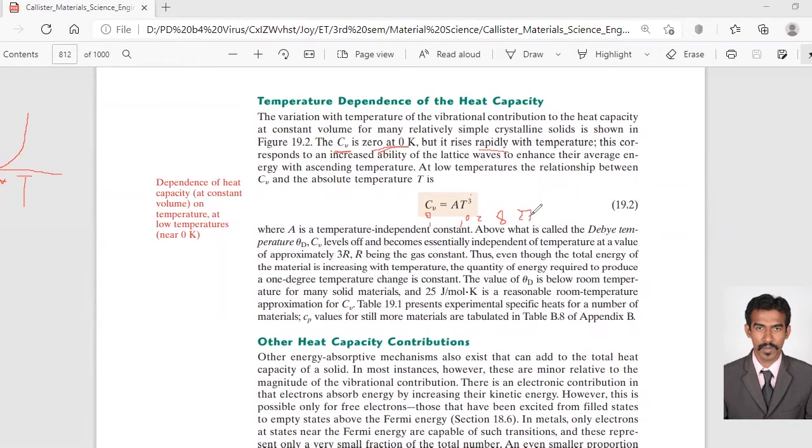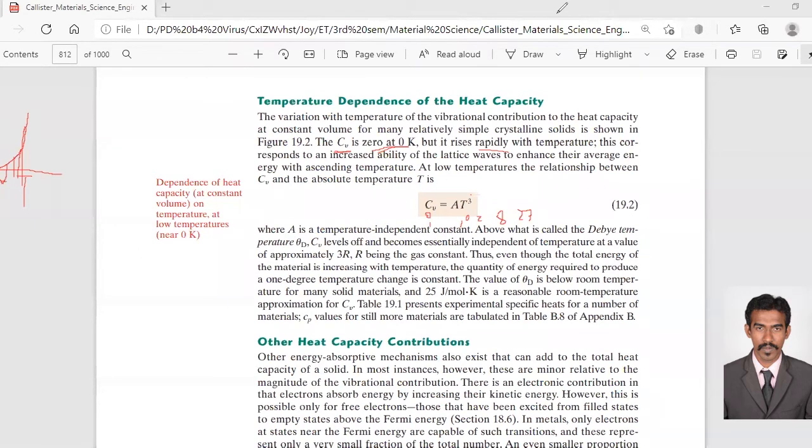So your values will be 0, 1, 8, 27, then 64, 125. This will keep going like this. So this is the temperature relationship between Cv and the absolute temperature, where A is a temperature-independent constant.